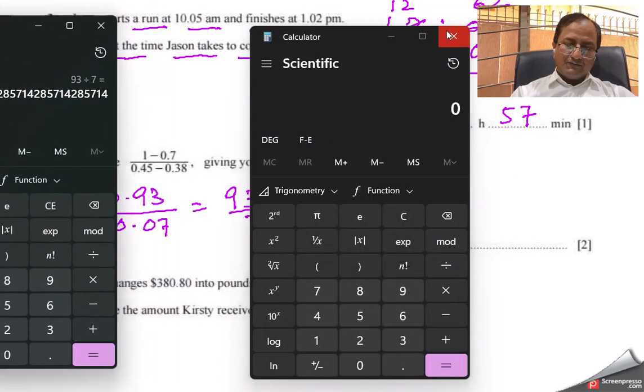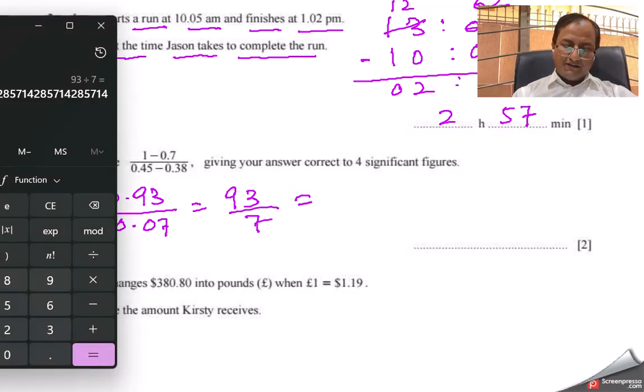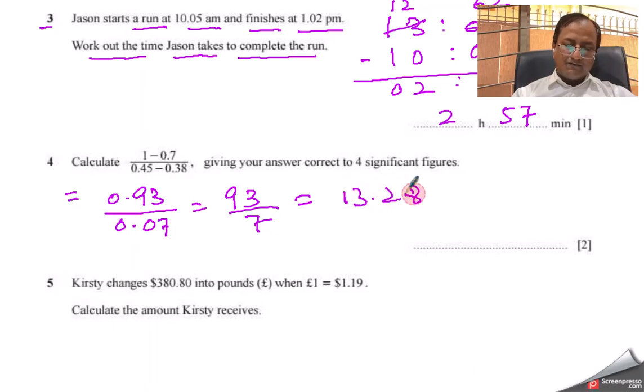We are supposed to write it in four significant figures, 13.29. This is the answer to two significant figures.